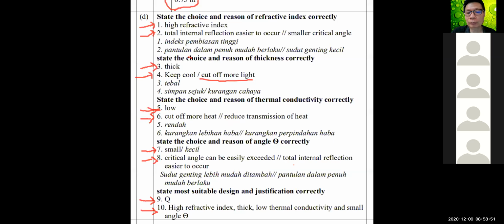Yeah, finish. Okay, come, we move on. Finish, everyone finish.